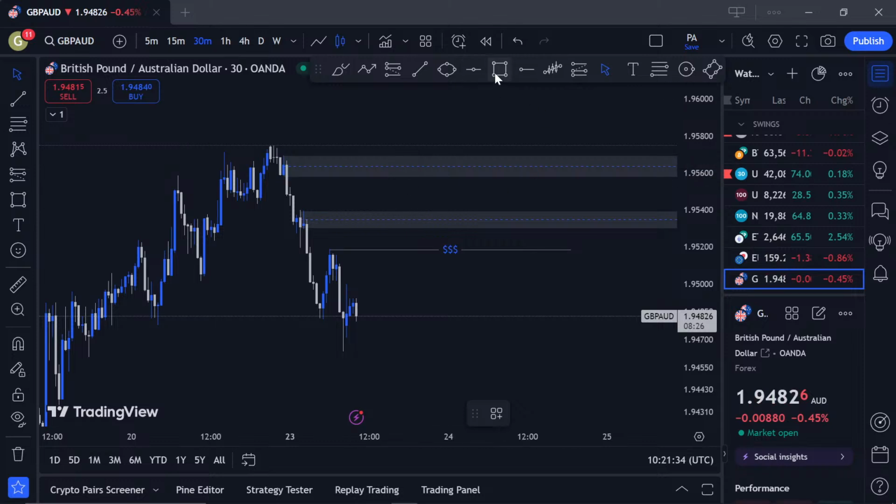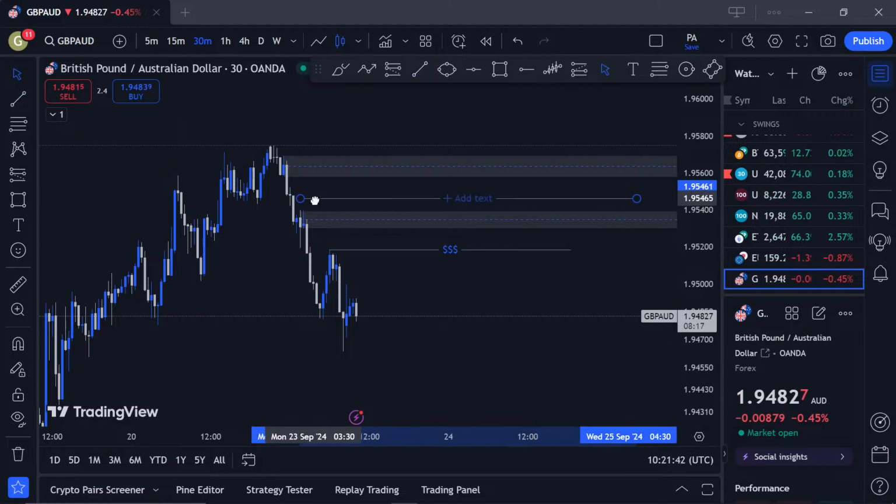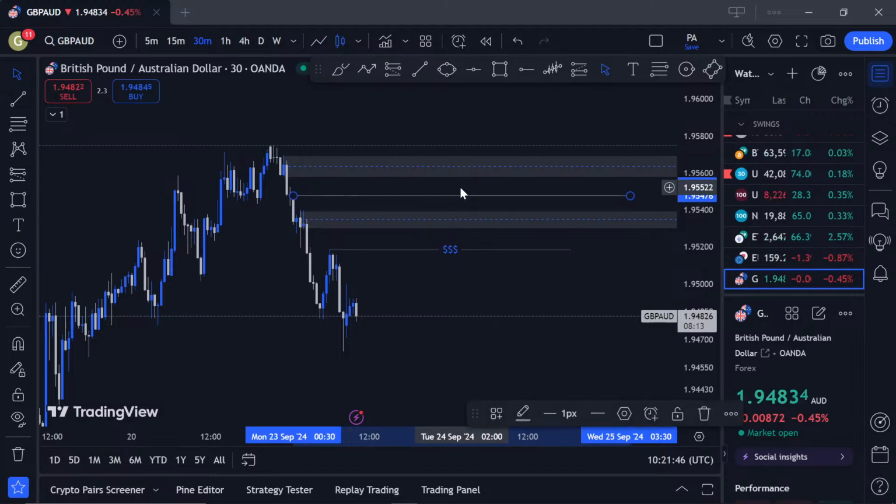This other one, liquidity right at the top here, because here is where most people are going to keep their stop losses.